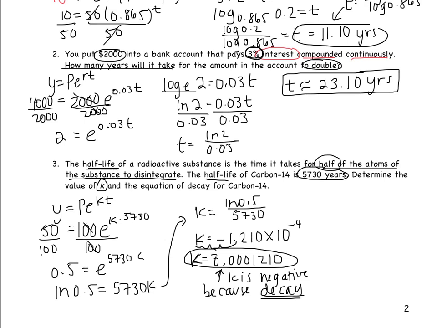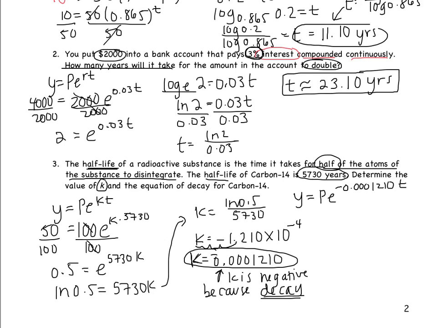Then it says, determine the value of K and the equation of decay for carbon-14. Our equation would be y equals P e to the negative 0.0001210 t.